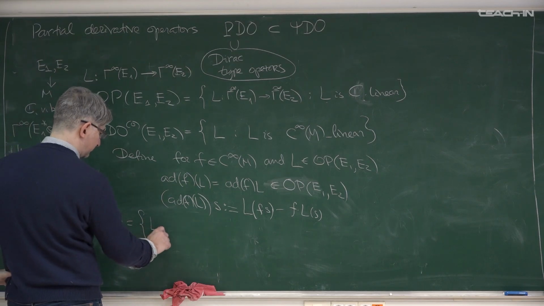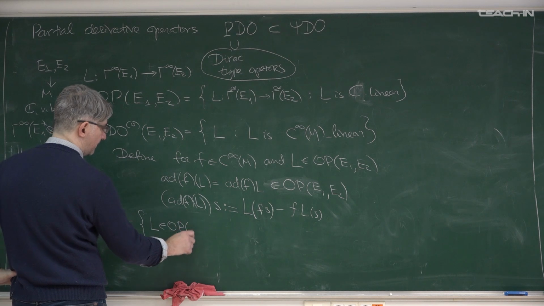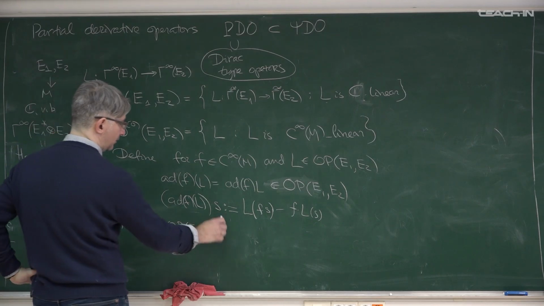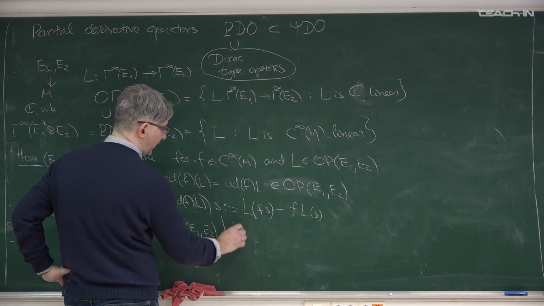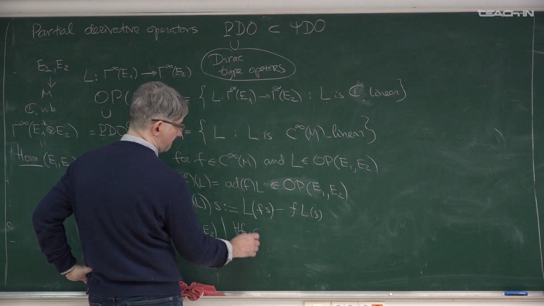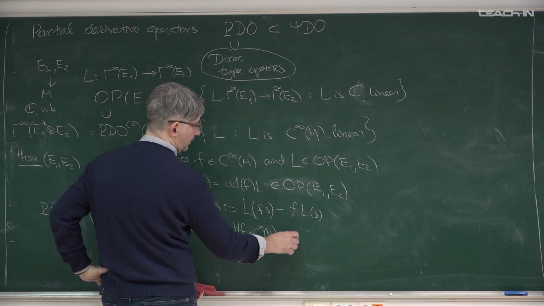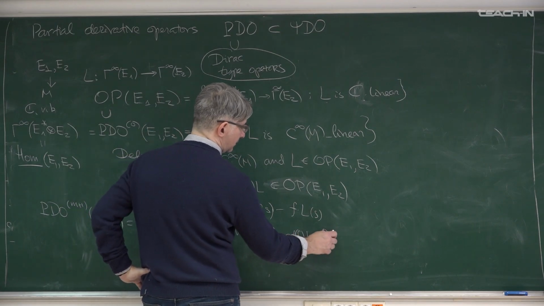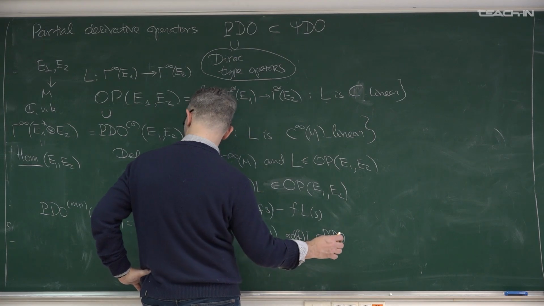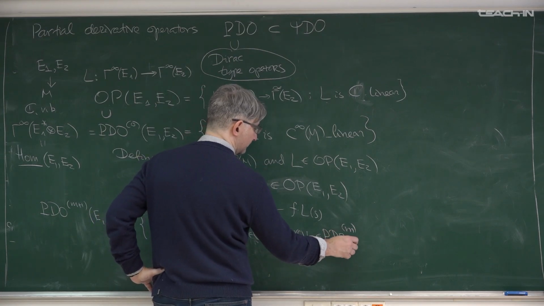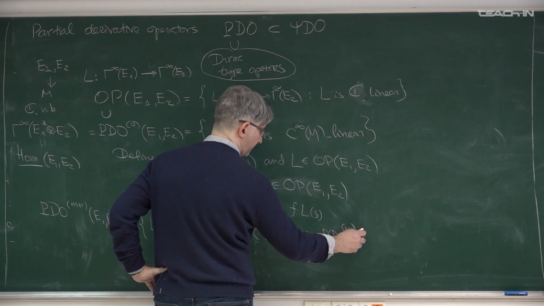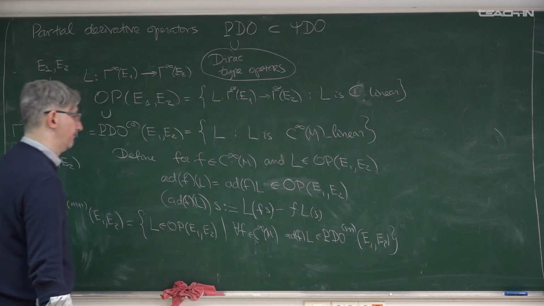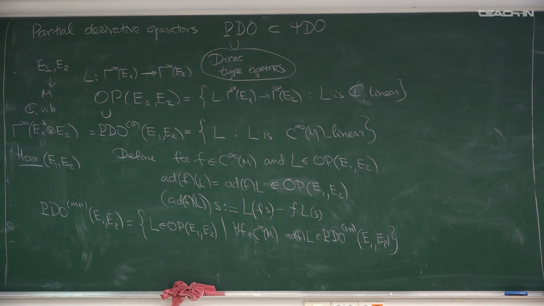These are L, a linear map, which is linear over scalars, constant functions, such that for any smooth function f, this operation ad f L is an operator of order smaller than m plus 1, that is, PDO m.